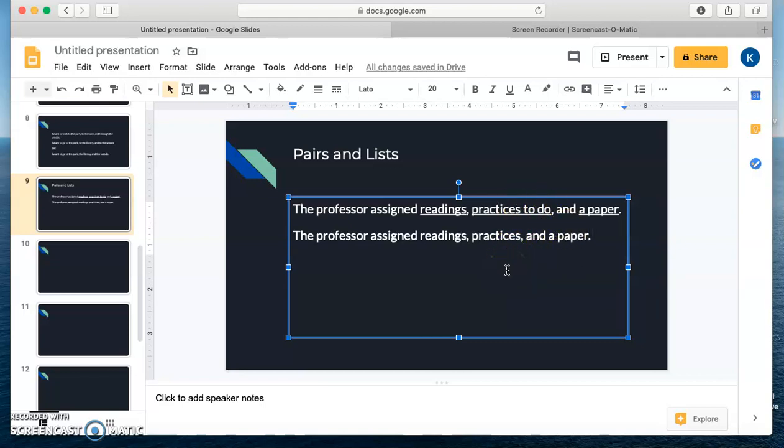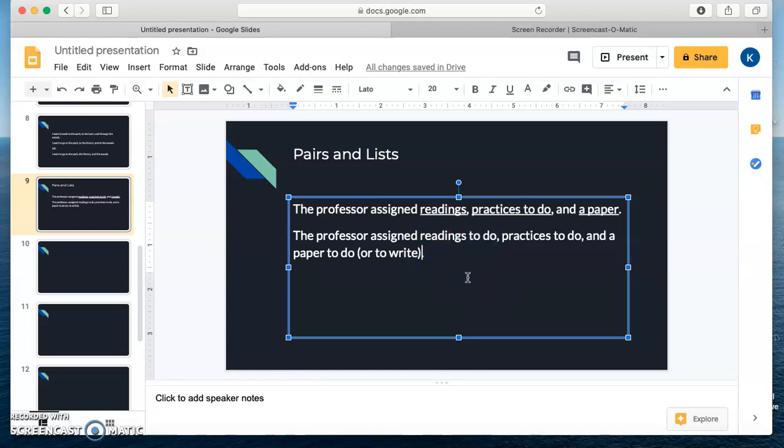Because here's the ultimate understanding and realization about this particular example sentence. All of these are things that the student would need to do. The professor assigned readings to do, practices to do, and a paper to do or to write. Right? These are all things that our professor is expecting us to do.